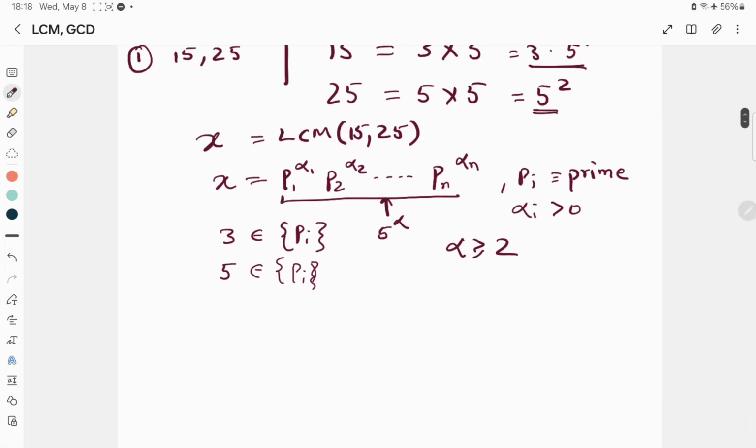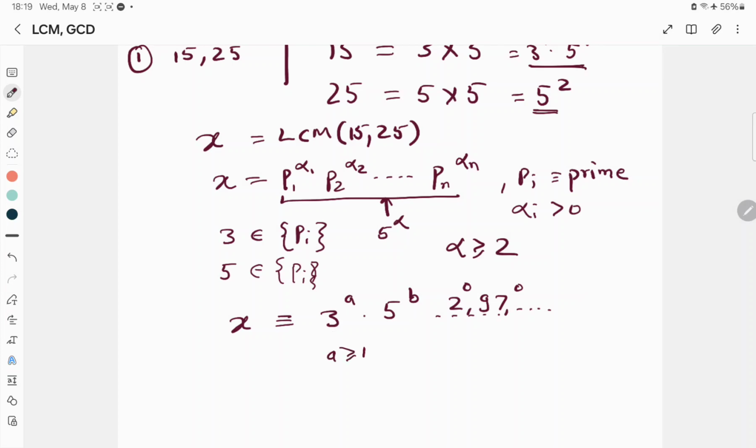So x has to be of the form 3 to the power a, 5 to the power b, times maybe other primes, but it turns out that you will not need other primes because you are looking for the smallest number. Any prime you put here, 2 or 97 or any other, is only going to make the number larger. So the powers of all other primes are 0.